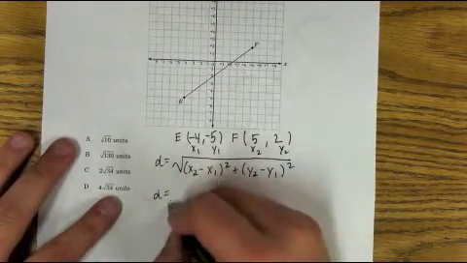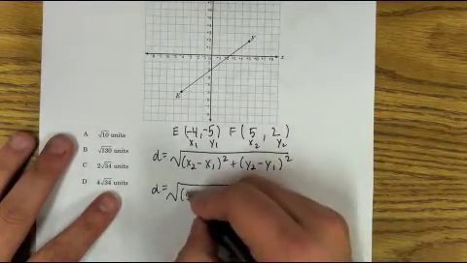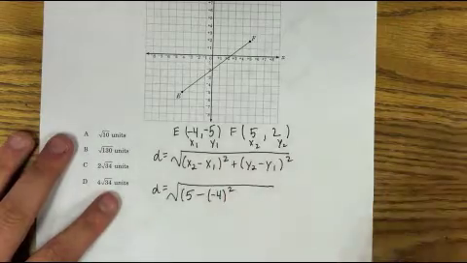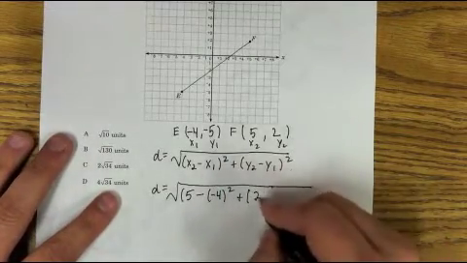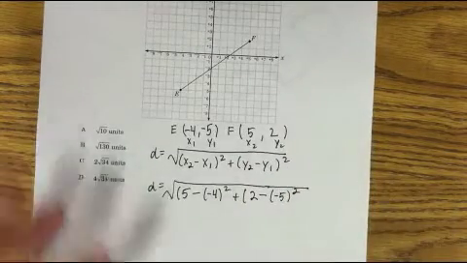So D is equal to, let's go ahead and substitute in our values. x2 is 5 minus x1, which is a -4 squared, plus y2, which is 2, minus -5 squared.